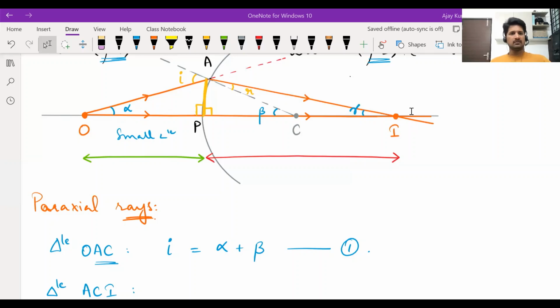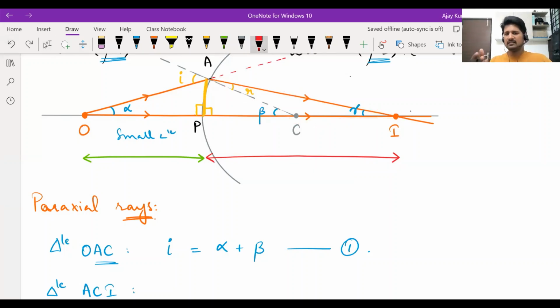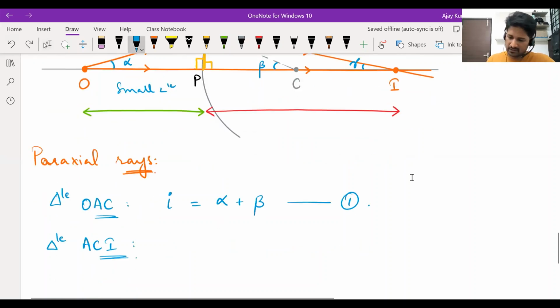Alpha, sir. Alpha is nowhere near the triangle ACI. ACI is this. Oh, beta then. Beta is the external angle and the internal opposite angles are gamma and R. So we can write beta is equal to gamma plus R. That's the second equation.